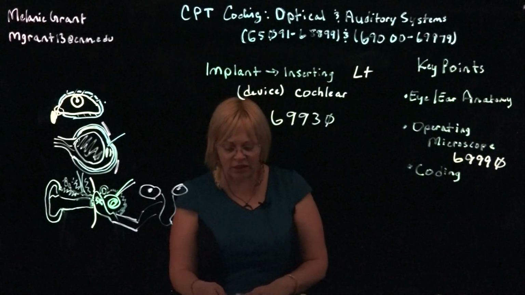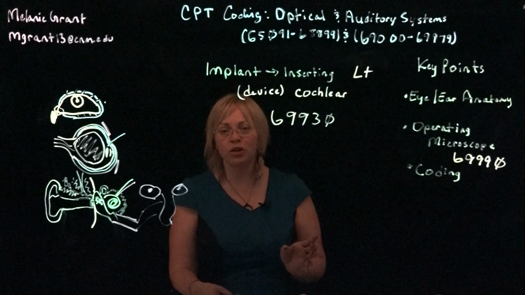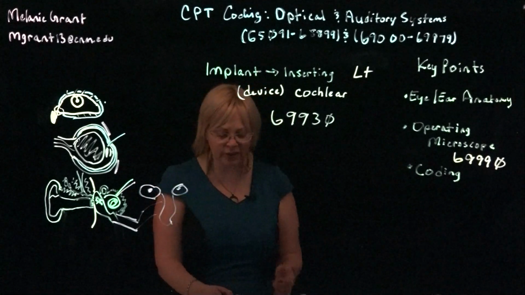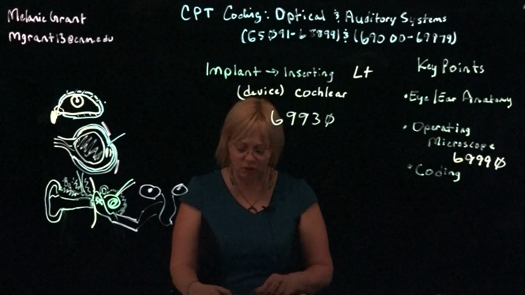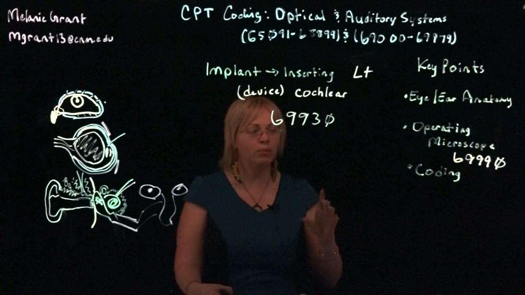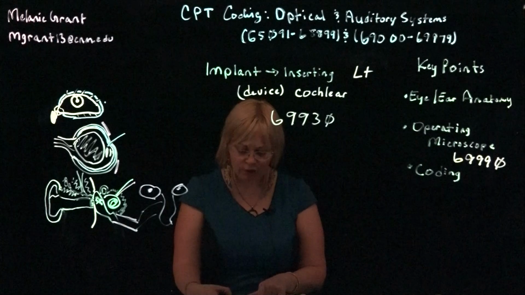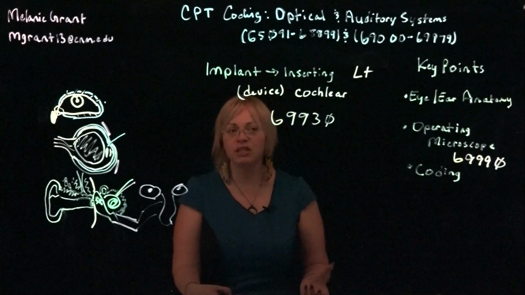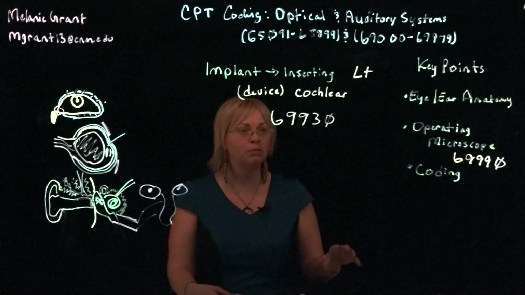There is a long list of codes here that we do not report an operating microscope because the procedures themselves include this or would be unlikely to use this. And so you want to pay attention to this when you're adding on. If the provider has documented the terms operating microscope, pay attention to the original procedure and see if it falls under the do not use list. In my case, for my cochlear implant, let's say that they mentioned an operating microscope.